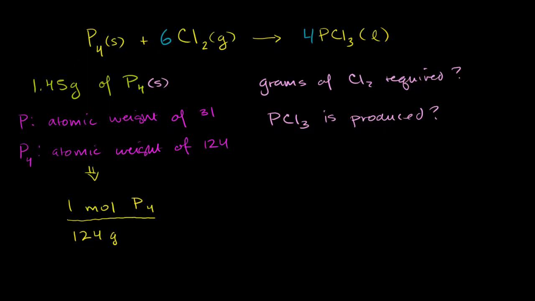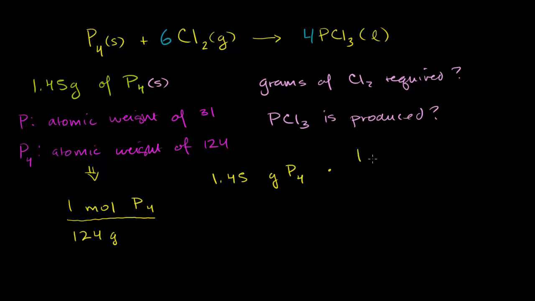So let me start over here. So we have 1.45 grams of molecular phosphorus, each molecule containing 4 atoms. And we could just do a little dimensional analysis, make sure everything cancels out, times this information right here.